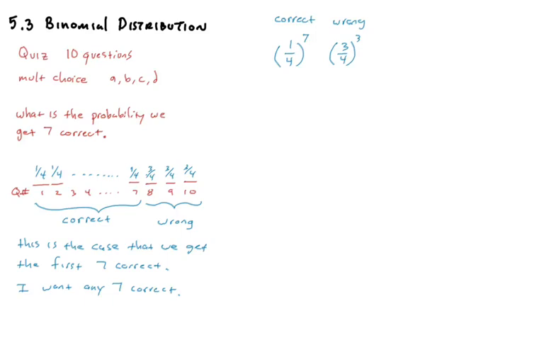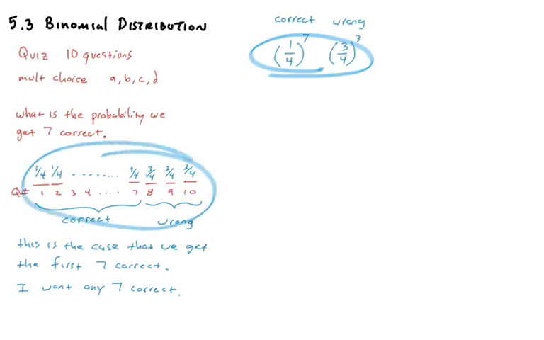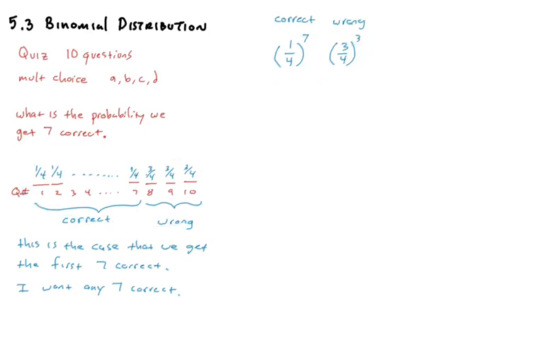So this is shorthand notation for all of this right here. They're exactly the same. But we have to consider that this is the case where we get the first 7 correct. We want any 7. So the question we need to ask is, how many ways can we get 7 correct?